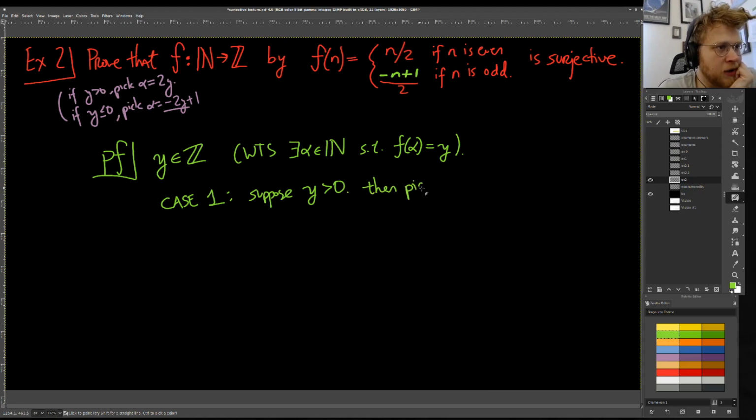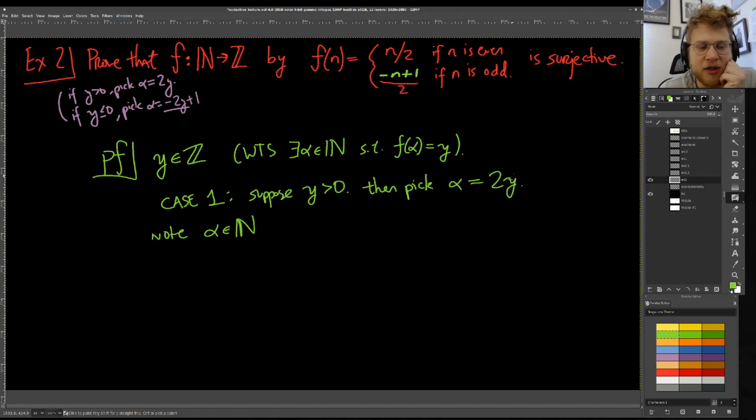Then pick alpha equals 2 times y. Note that alpha is going to be an element of the natural numbers because y is greater than 0, and we're just multiplying it by another positive number.